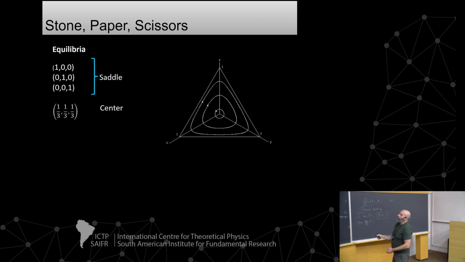When we analyze this from the point of view of a dynamical system, we can find that these states are unstable, they are saddle points, and this state is a center. And the orbits on the simplex are like that. These are closed orbits that are always just changing strategy.